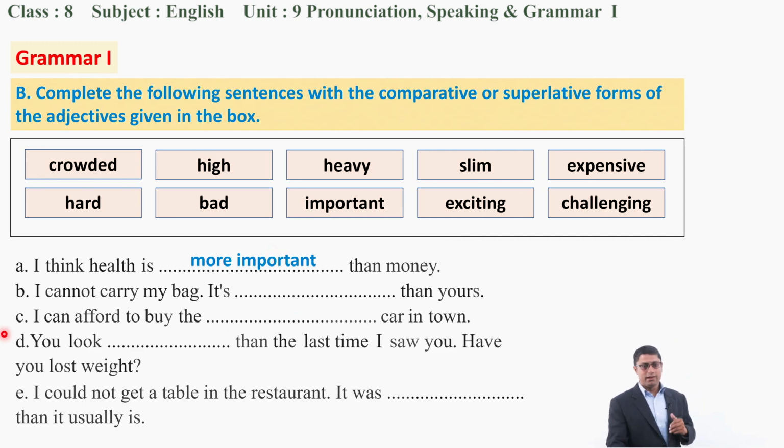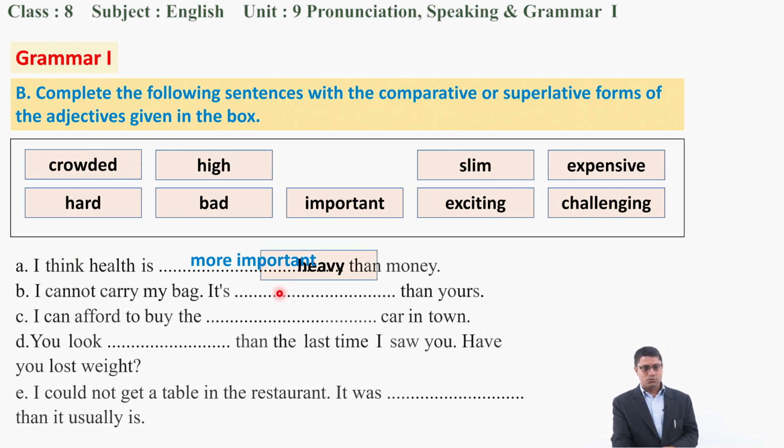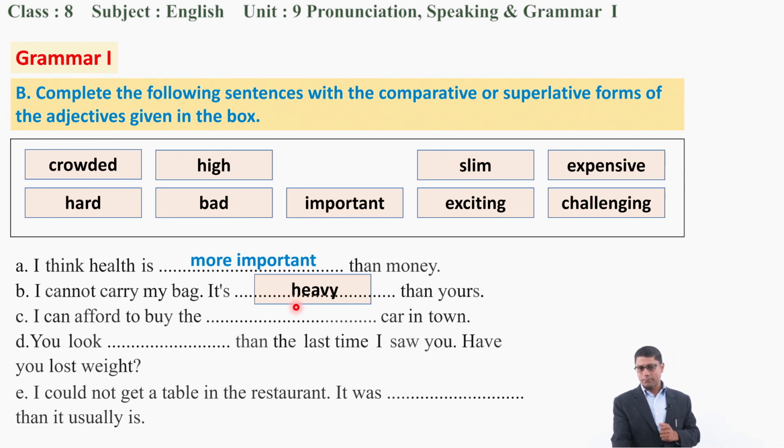You did well. In the same way, let's look at B. I cannot carry my bag. It's then yours. So which adjective is suitable here? Very good. It's heavy. That's good. So heavy. But can we use heavy here? No. Okay.